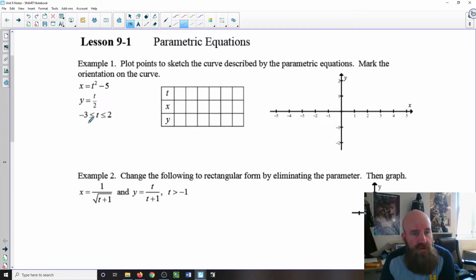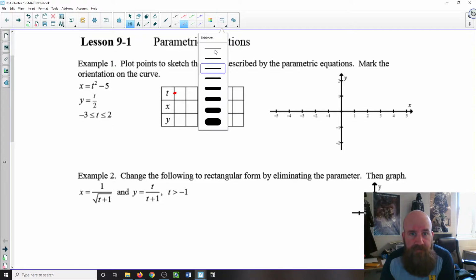So we have two equations here, and we're given a restriction for the time between -3 and 2. So we'll go ahead and list those out. So -3, -2, -1, 0, and 1 and 2.